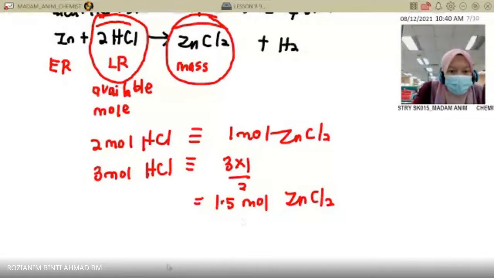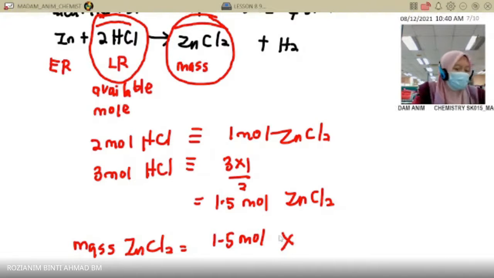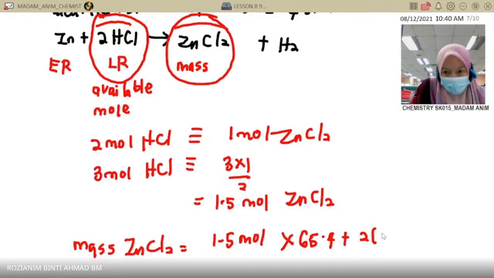So, nak dapatkan mass for zinc chloride. So, it should be mole times molar mass. So, 1.5 mol darab dengan molar mass zinc chloride. So, berapa molar mass zinc? 65.4 plus 2 times 35.5 gram per mole.